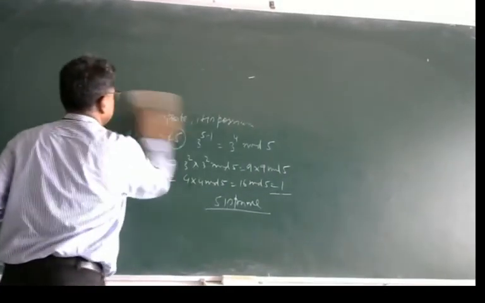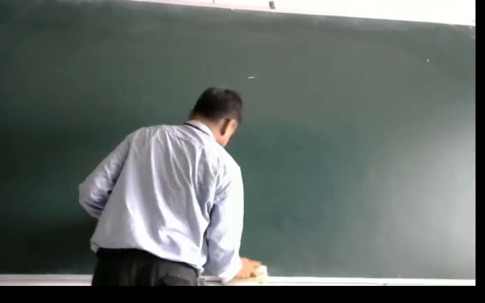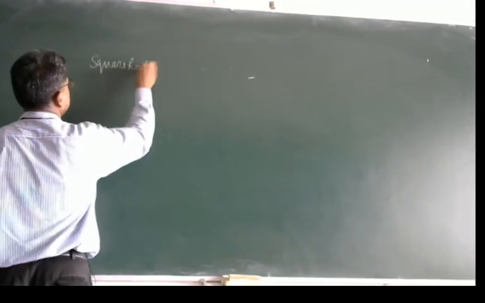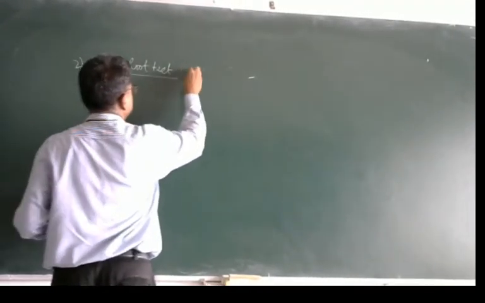So the second method is the square root test. Square root test, what is that?